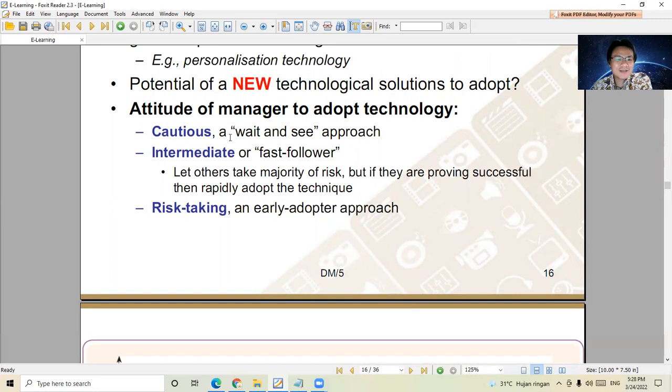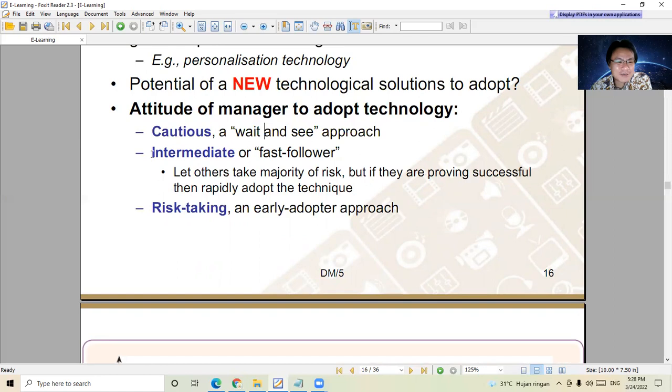I think if I were the manager, I would also be part of this group. I like to wait and see. I would like to see other people do it first and see what happens, and if it is successful, I would try it. If it's unsuccessful, then maybe I would wait another few years.